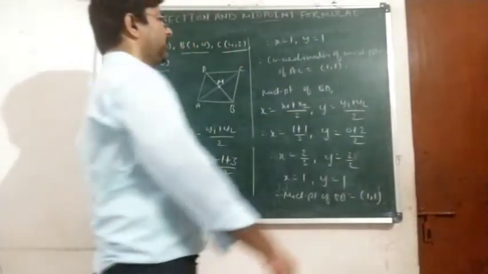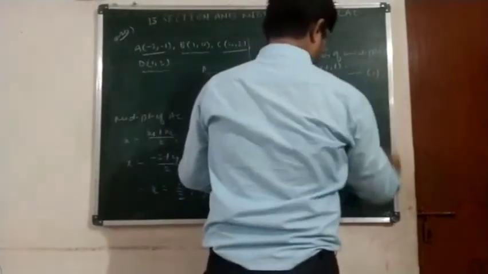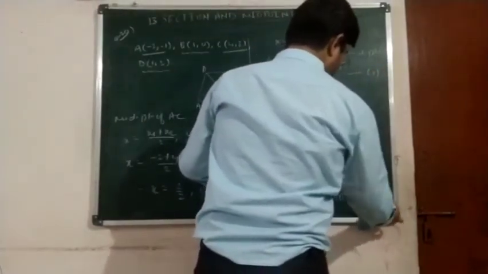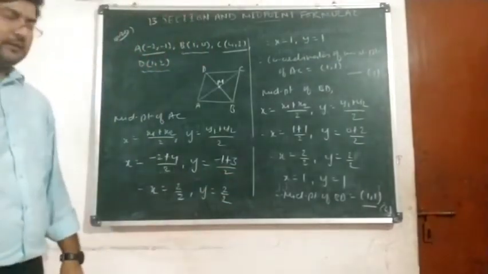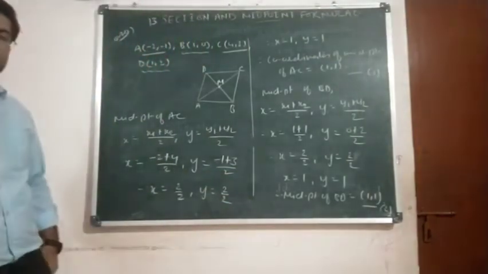Now we know that the midpoint of AC and midpoint of BD are equal, and therefore we can say that ABCD is a parallelogram.